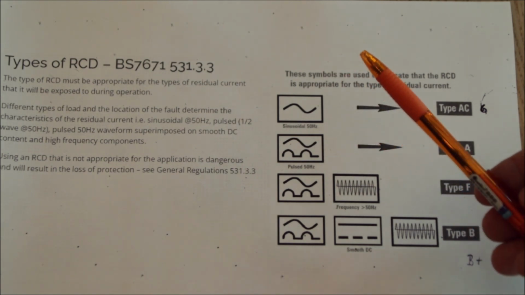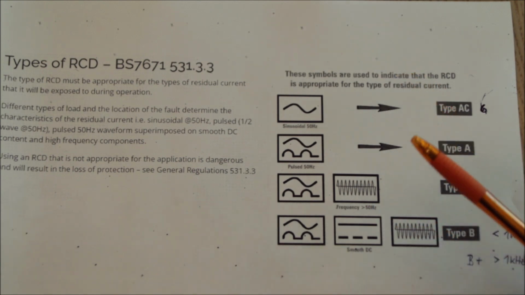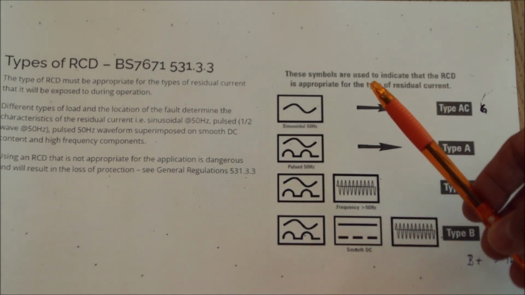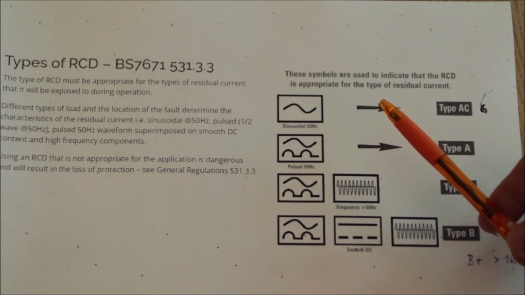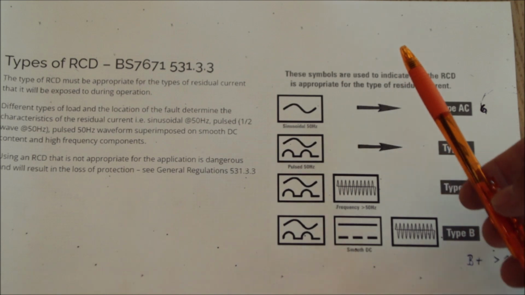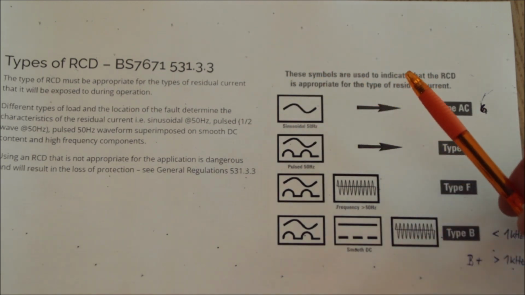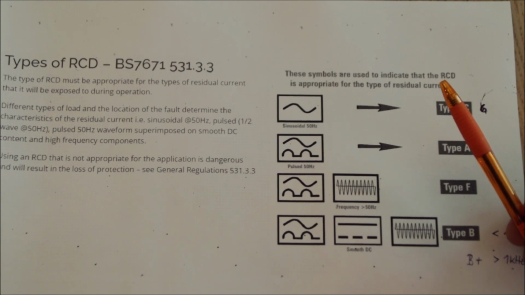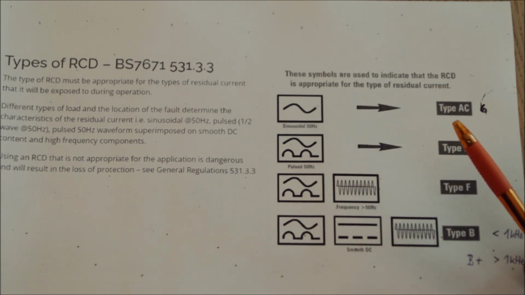Right? So this is for all the normal types of loads: resistive, inductive, capacitive loads. If you put a sine wave into your load and there is a fault inside that device, the residual current will also represent a sine wave, and for this the RCD is built and designed. It will easily recognize this and then switch off the circuit.